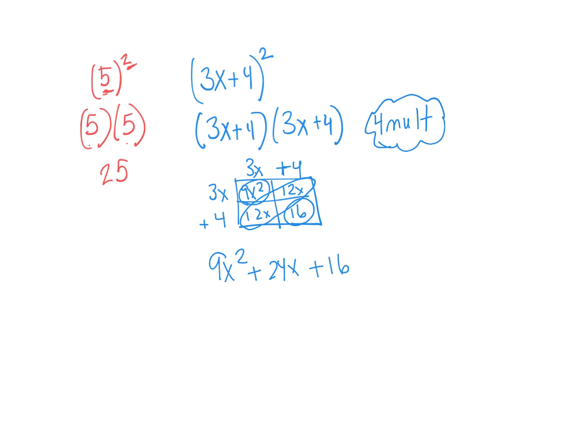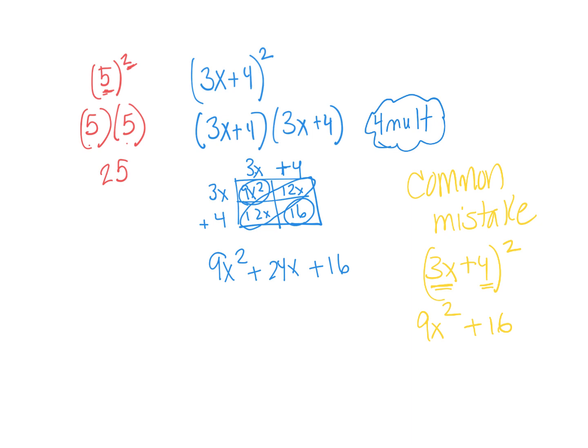Okay, I will tell you that our most common mistake that we want to avoid is to look at this problem and just say that if I square this and I square this, that's my answer, okay?